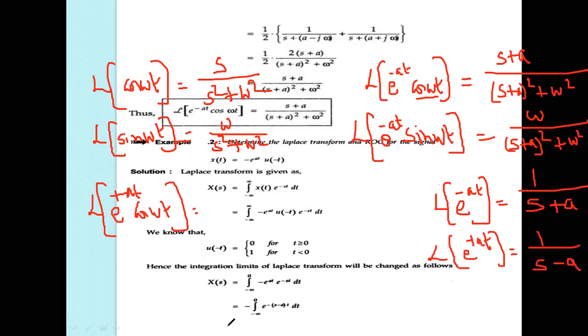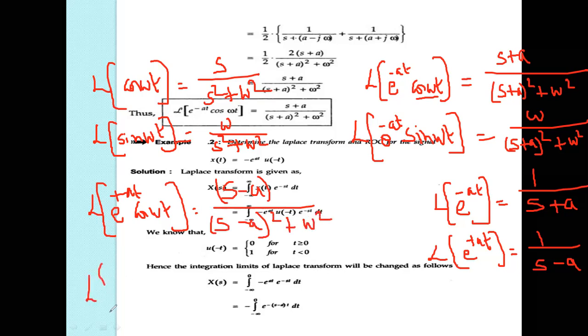1 by s minus a. So wherever it is s, in the Laplace transformation of cos omega t, I can keep (s minus a) by (s minus a) whole square plus omega square.